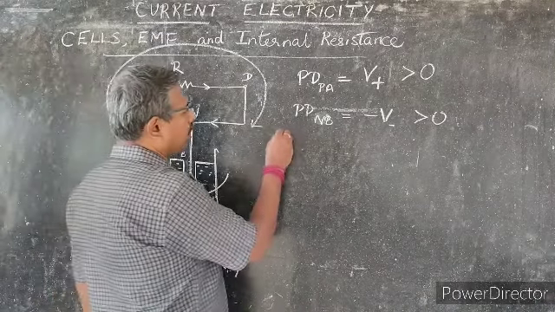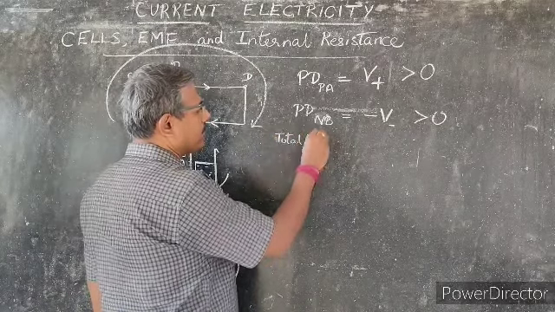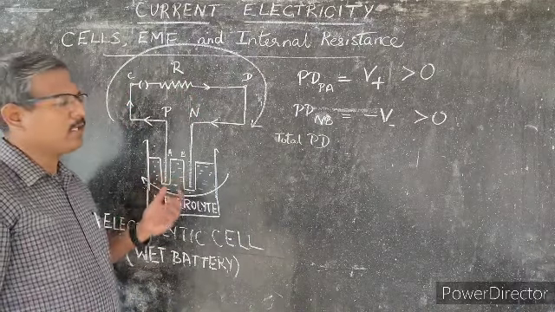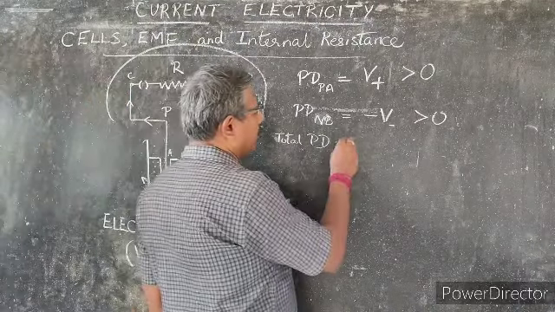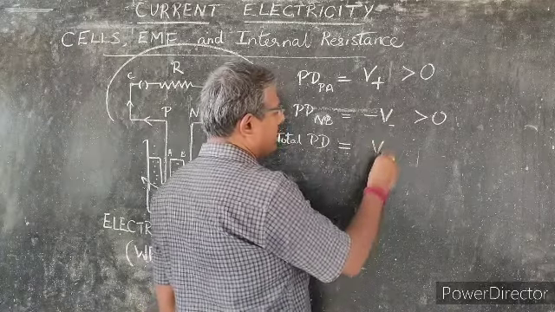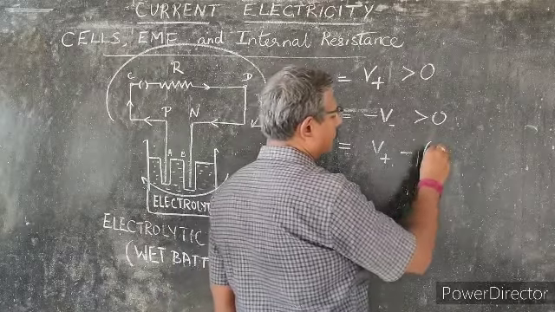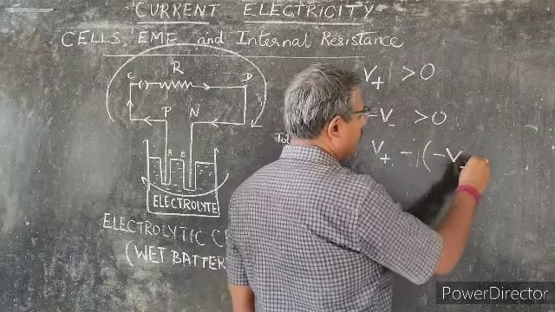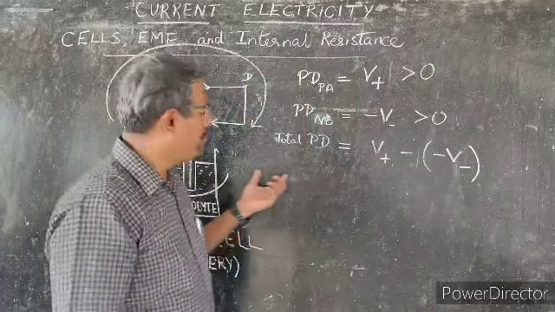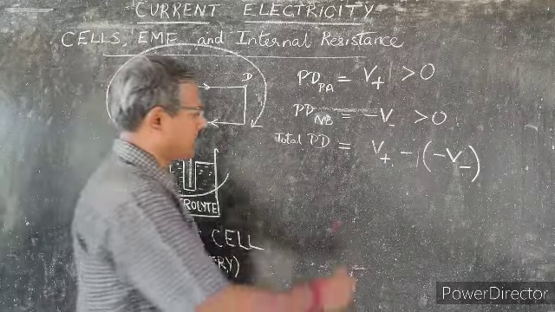So the total potential difference between the two electrodes is given by V plus minus of minus V minus. So this is the difference between the potential differences at the two electrodes.